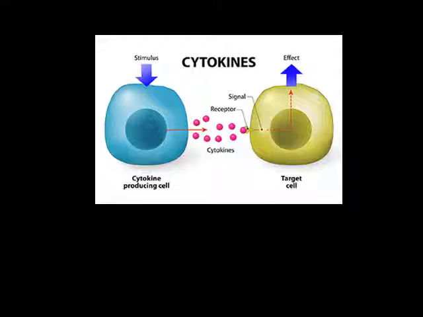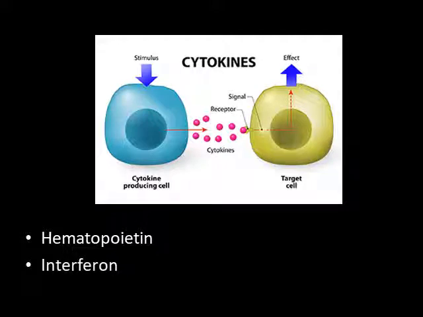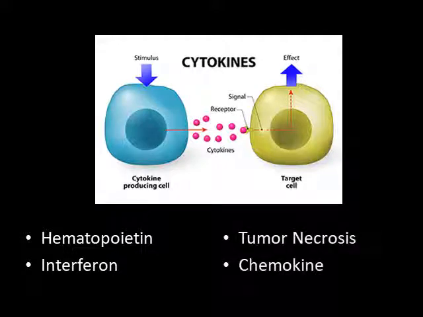We have different cytokine receptors which are named after their ligands, such as your hematopoietin family receptors, which would include your colony stimulating factors. We also have your interferon family receptors, your tumor necrosis factors, and your chemokine family receptors.